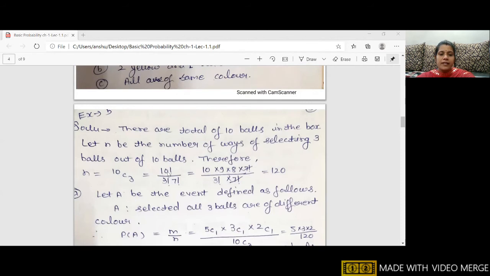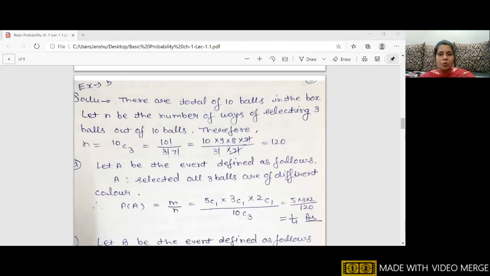So here we write factorial 10 divided by factorial 3 into factorial 10 minus 3, that means factorial 7. So solve this nCr: 10 into 9 into 8 into factorial 7, because in the denominator there is already factorial 7. Solving this step, we get 120. So the total event is 120.